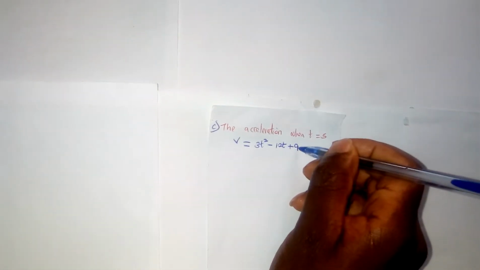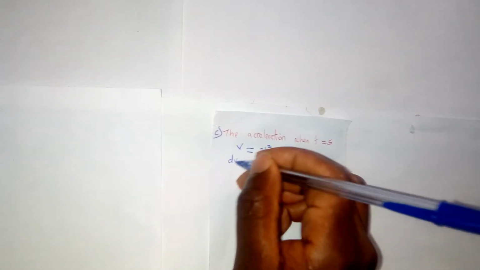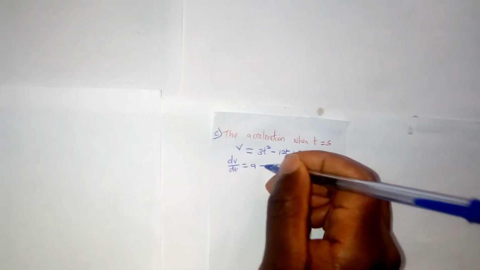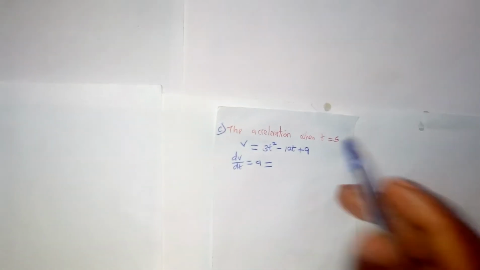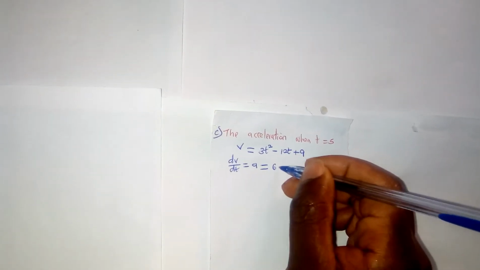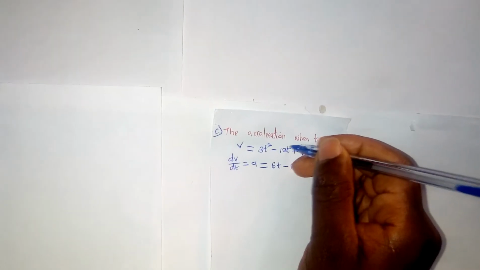To derive acceleration from velocity, dv/dt is acceleration. When you differentiate, you come up with 6t minus 12, because there is a 0 there.